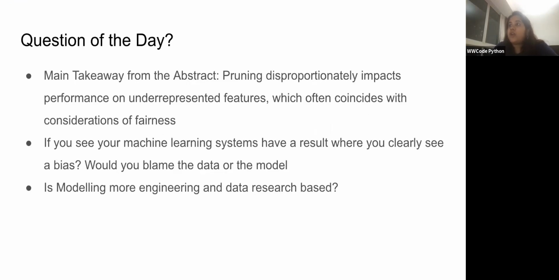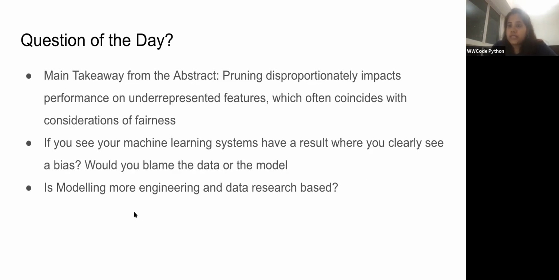But today, what we want to look into is that we know pruning disproportionately impacts performance. When you look at the abstract of the paper, what it states is that pruning disproportionately impacts performance on underrepresented features, which often coincides with consideration of fairness. I know the sentence sounds complicated.